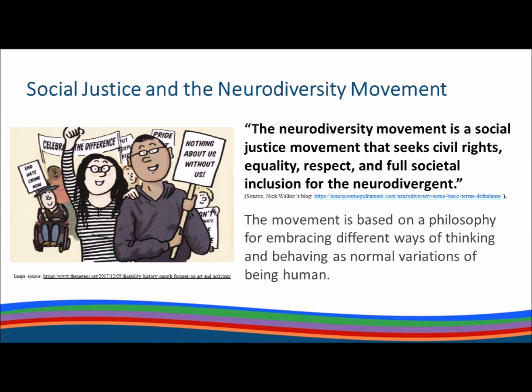The movement is based on a philosophy embracing different ways of thinking and behaving as normal variations of being human. Nick Walker's blog is one that is highly recommended. You can see the link on the slide here, or search neurocosmopolitanism.